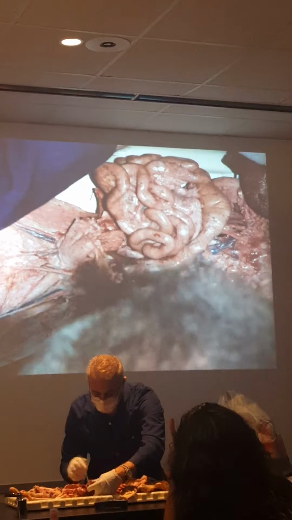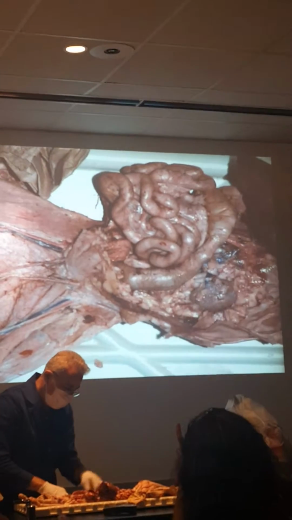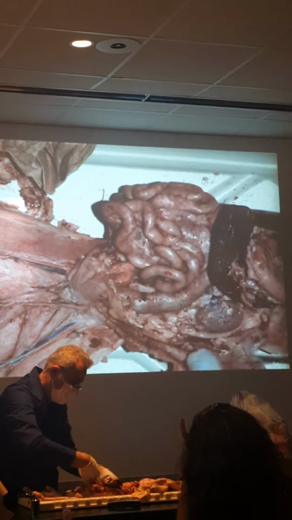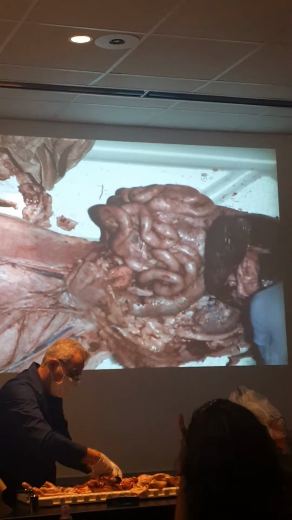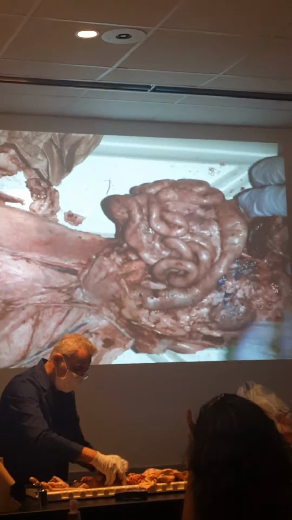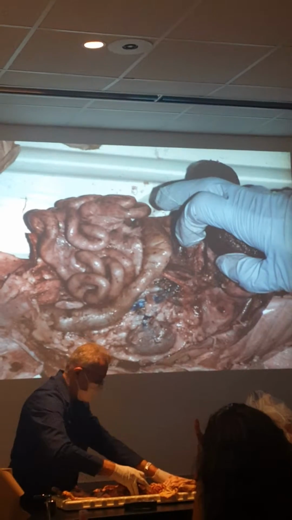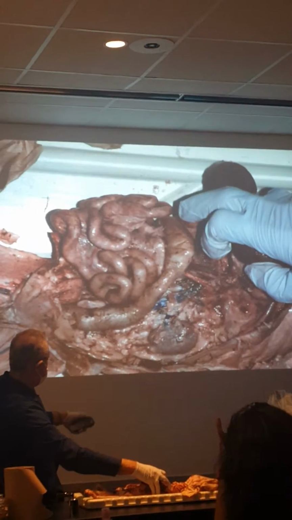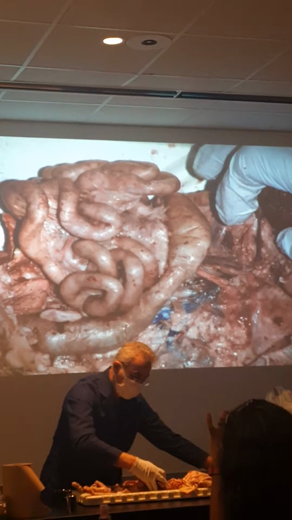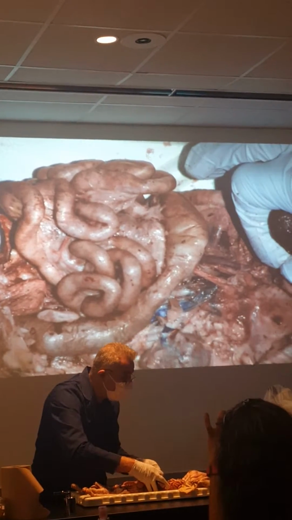Okay, so as it goes through the diaphragm, so this is the kidney, right?